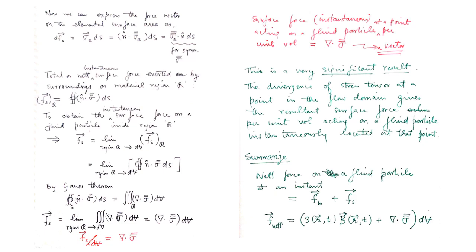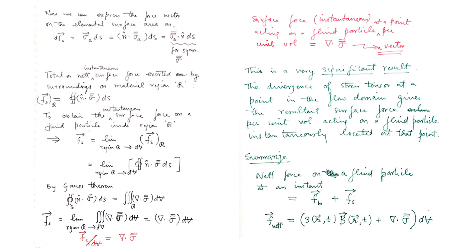Actually it is a collection of 3 stress vectors on 3 coordinate planes that you can visualize passing through that point. उन तीनों स्ट्रेस वेक्टर्स का कलेक्टिव जो सॉर्ट ऑफ बैगेज है उसी को आप स्ट्रेस एट अ पॉइंट कहते हैं, and that is written as a tensor. But when you fix your attention on one area, there stress is treated just as a vector, and in fact it is a vector. So remember to differentiate between stress vector on a given area and stress at a point, which is a tensor.